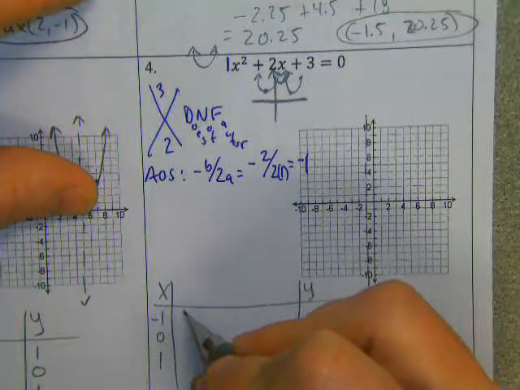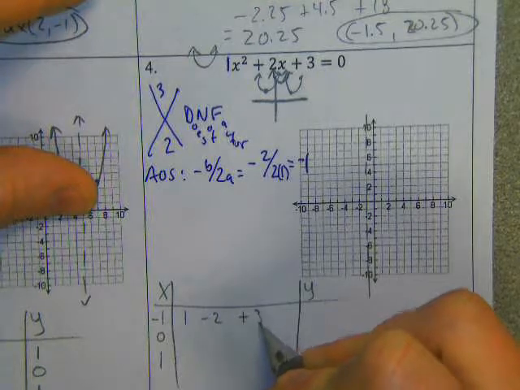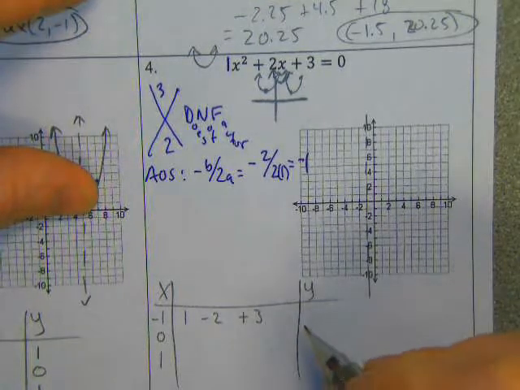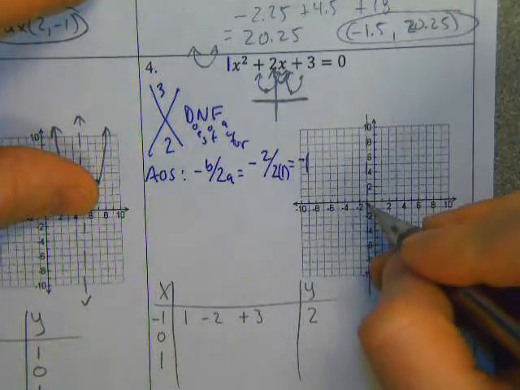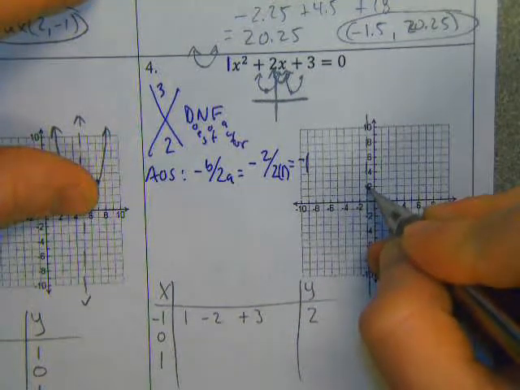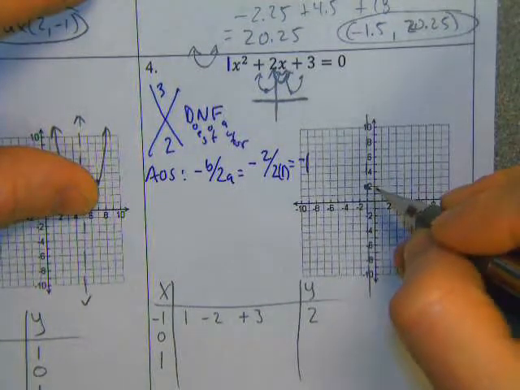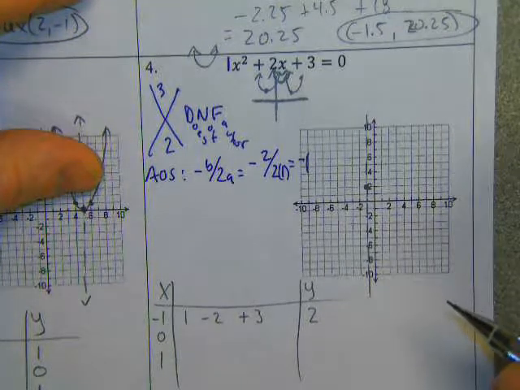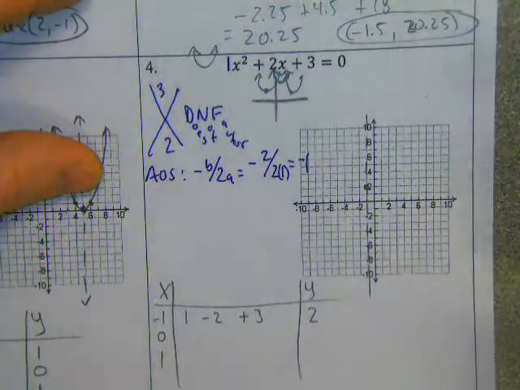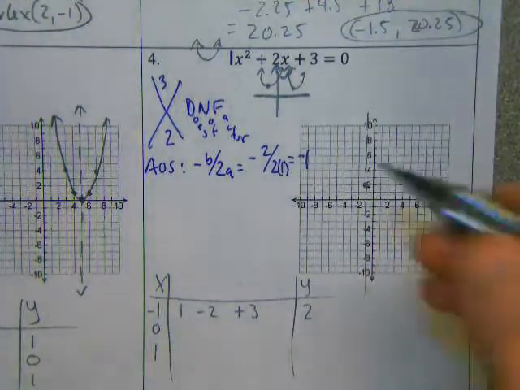So 1 minus 2 plus 3, and I get 2. So negative 1 and 2. That's looking pretty good. If that's my vertex and it has to go up, then therefore it will not intersect the x-axis. I'm going to walk through it, but if this was a problem, I could just say that.